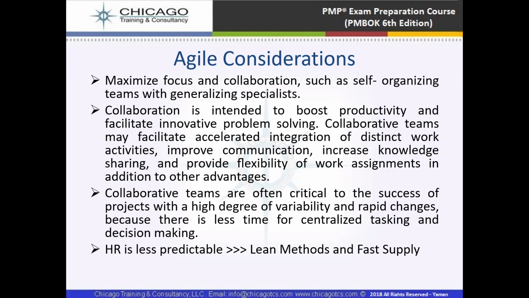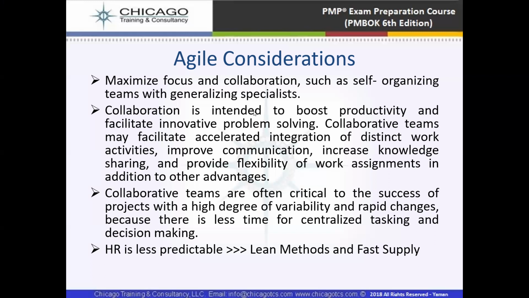These collaborative teams facilitate distinct work activities and improved communication, which helps increase knowledge sharing and provide flexibility of work assignment, in addition to other advantages. Collaborative team members are often critical to the success of projects, because with a high degree of variability and rapid changes, there is less time for centralized tasking and decision making.